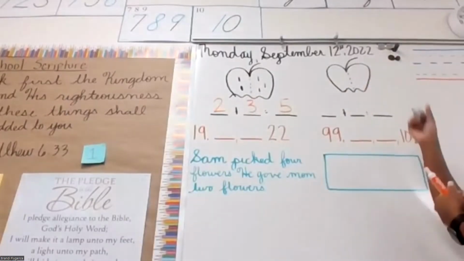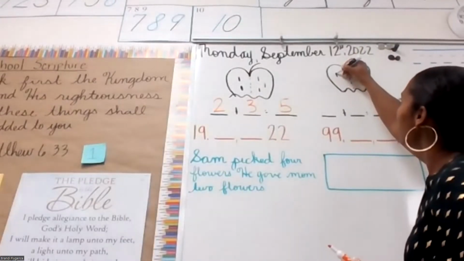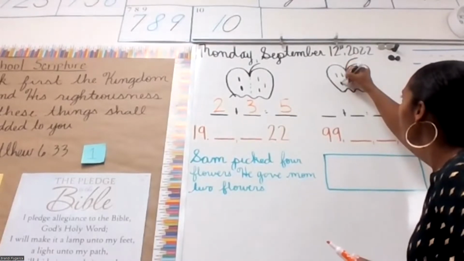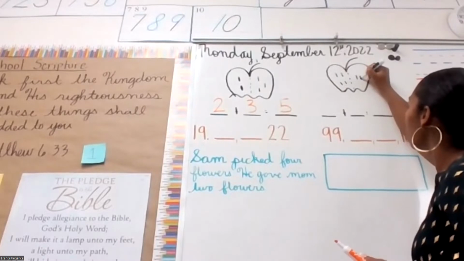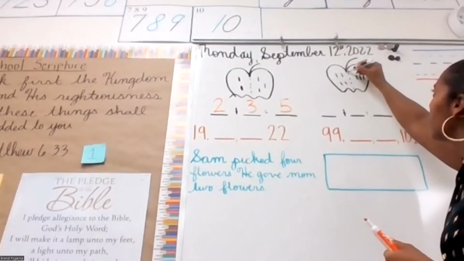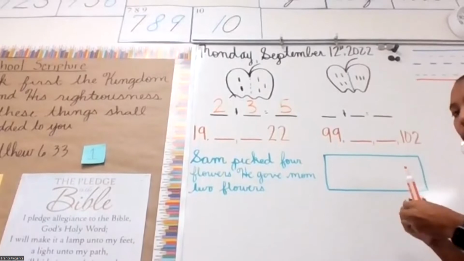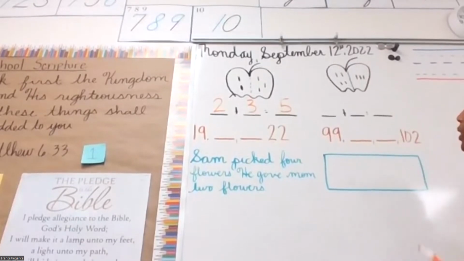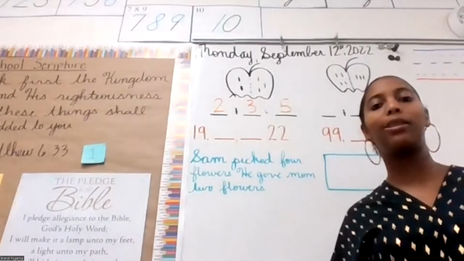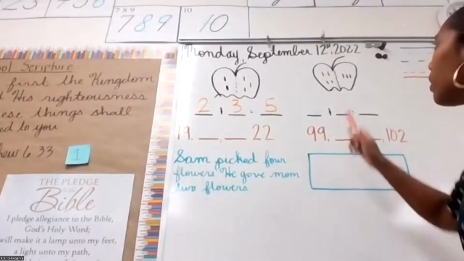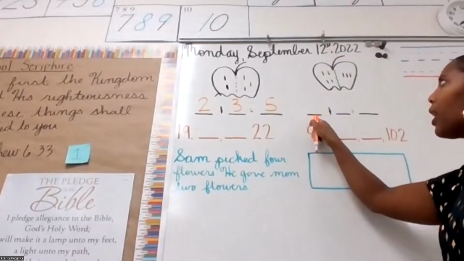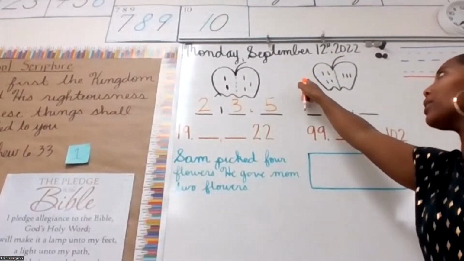So I open another apple. And I have 4 seeds on one side and 3 seeds on the other side. So yes, we can look at it and count to figure out how many seeds total, but we are going to build a number sentence to figure that out. So let's look at it here. For this line, I will look at how many seeds I have on this side.